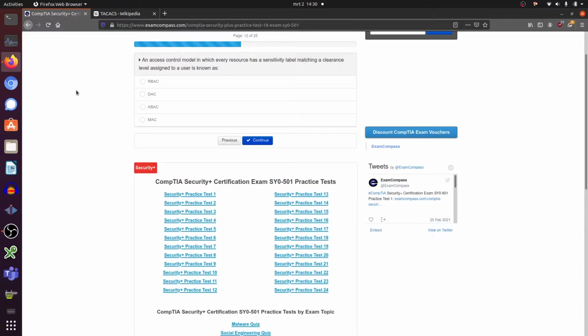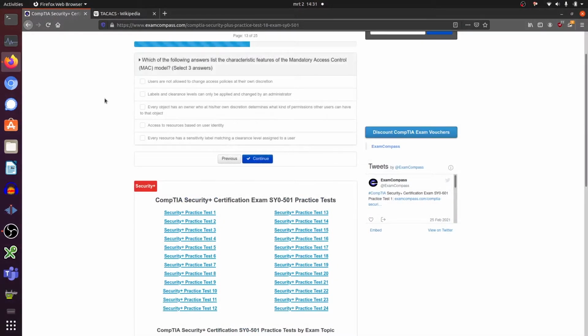An access control model in which every resource has a sensitivity label matching a clearance level assigned to a user is known as MAC. Which of the following answers lists the characteristic features of a mandatory access control, or MAC, model?